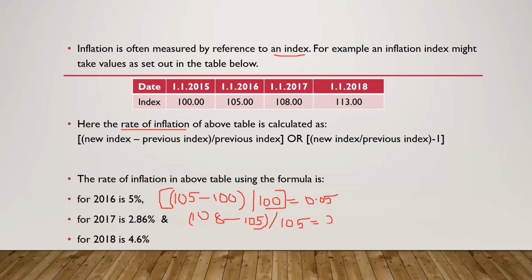You get 0.0286, which is 2.86%. The same thing will apply for 2018, considering the increase from 2017 to 2018. You will get it as 4.6%. Okay. So this is how you calculate the rate of inflation increase as explained in the table.